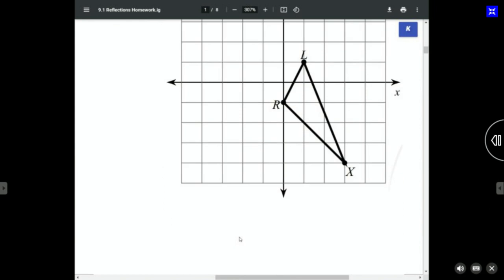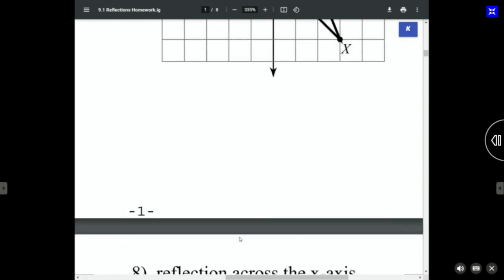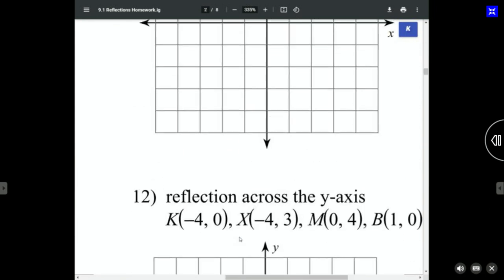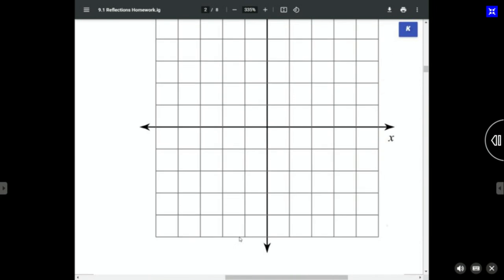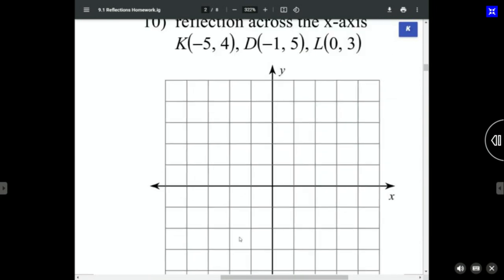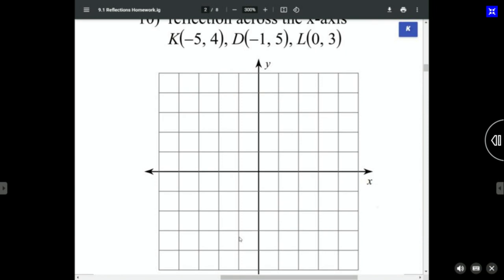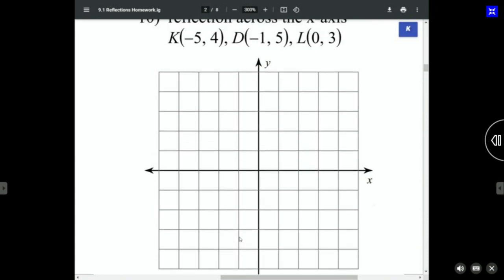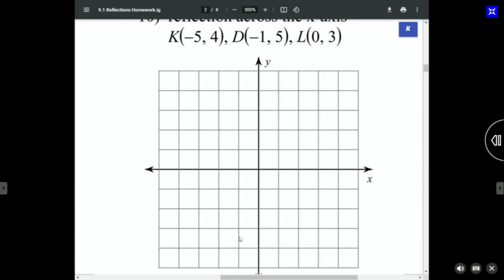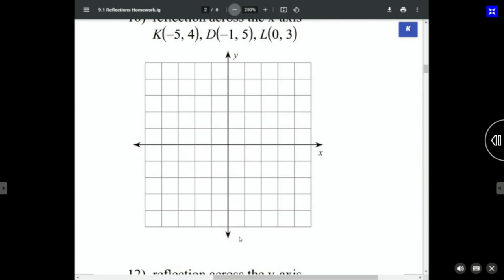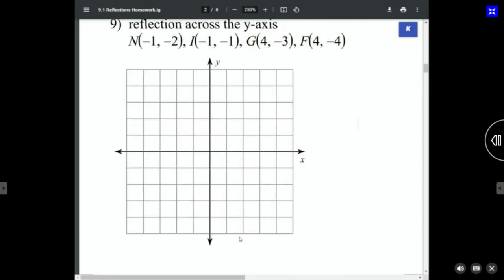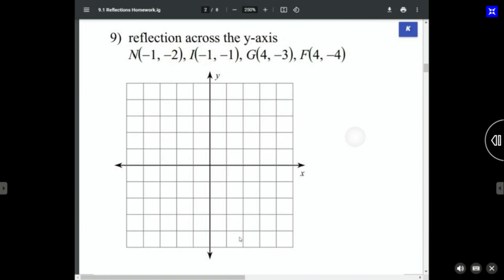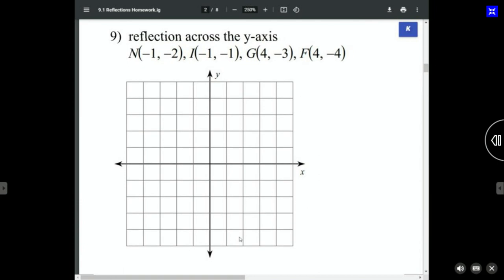All right, we need some number problems. Working on 10. On 10, the first thing you're going to have to do, well, let's go over to 9 just because it's better to do it in order. Plot the points first, label them, and then reflect your shape.